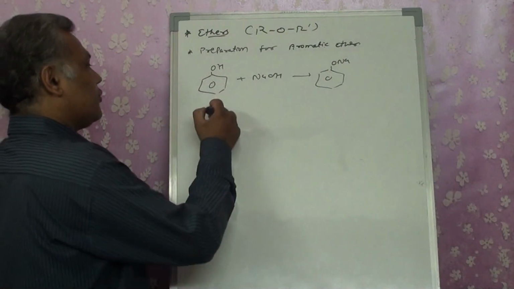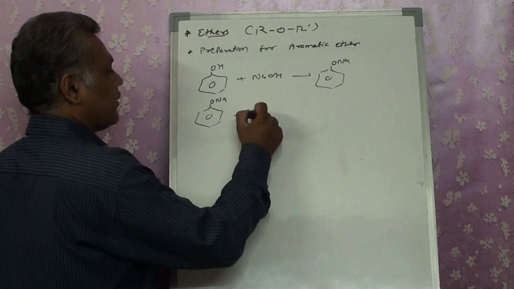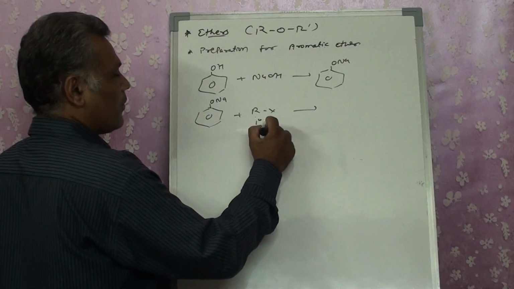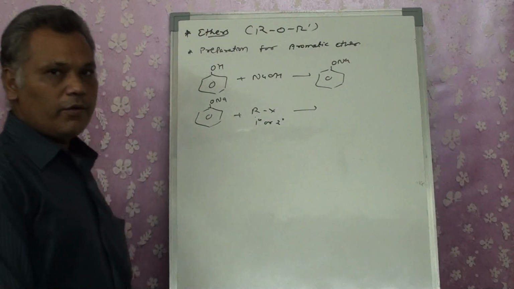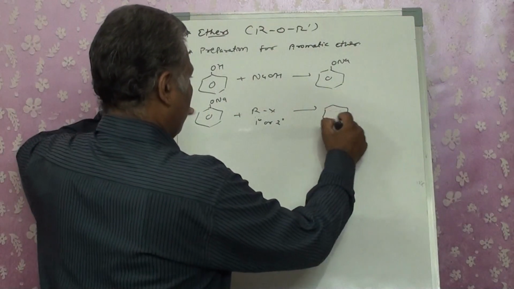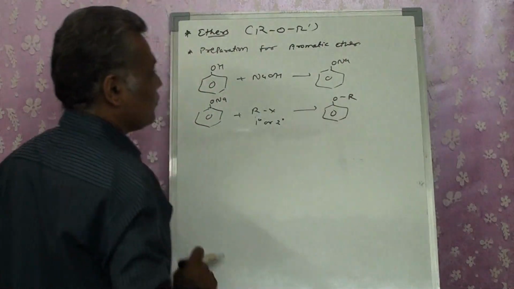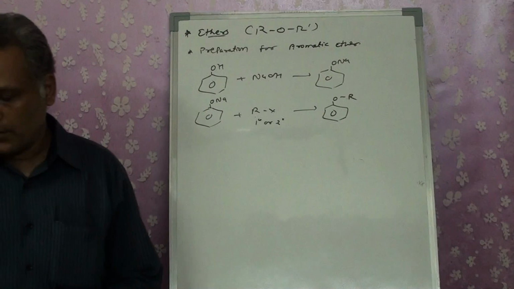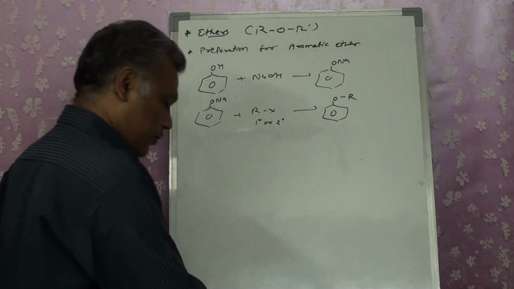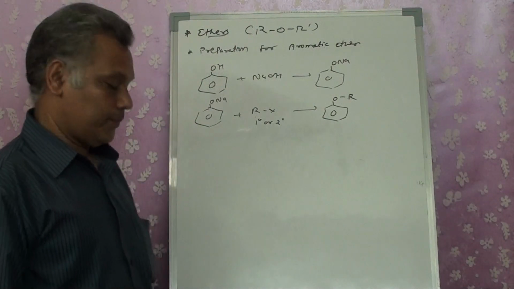Once it is converted into ONa, it is reacted with RX. Again remember, this should be primary or secondary only. You can't take a tertiary halide, right? This compound gets converted into the ether ArOR, right? So this reaction is also specifically used for preparing mixed aromatic ethers.